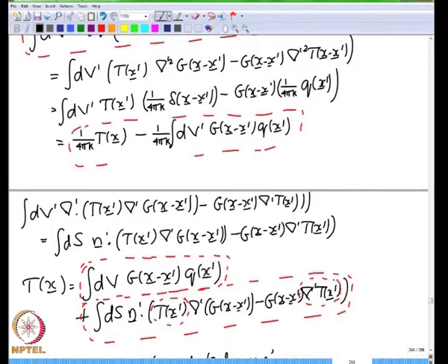Putting all these together, I will get T at the location x is equal to the integral dV prime G of x minus x prime times q of x prime, plus the integral over all the surfaces bounding this volume of n prime dot [T of x prime gradient of G of x minus x prime minus G of x minus x prime del prime T of x prime].